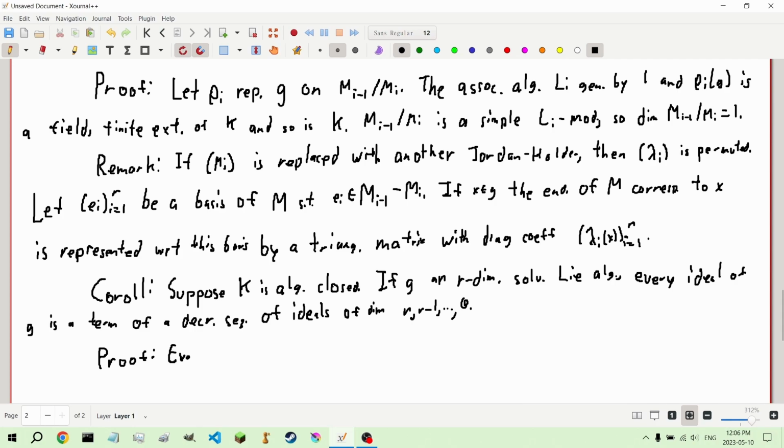Every ideal is part of a Jordan-Hölder series of G as the space of the adjoint representation.